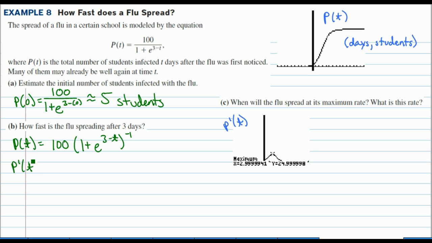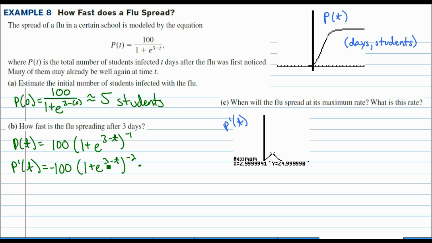P prime of t is going to be, the coefficient stays out in front. I'm going to use the outside function, so a negative 1 power, leave the negative as a coefficient, so I'll just make that a negative 100. Leave the inside alone, and now that's going to be the negative 2 power. I have to multiply by the derivative of the inside. The derivative of 1 is 0.